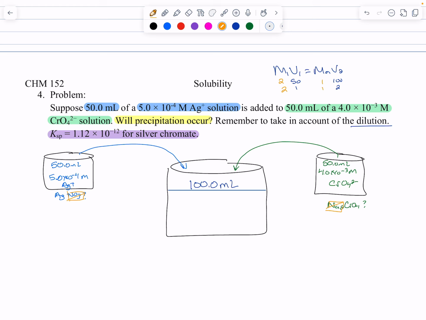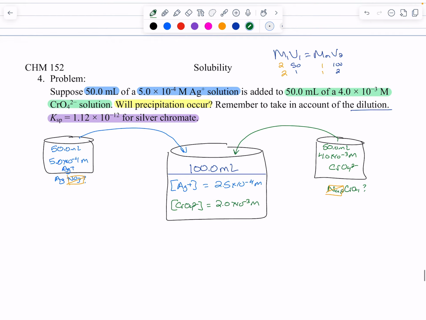That makes sense? It's going to half. If the volume doubles, you half the concentration. So this becomes, half of 5 is 2.5. So for silver ion, this becomes 2.5 times 10 to negative 4 molar. And for chromate, this becomes 2.0 times 10 to negative third molar.